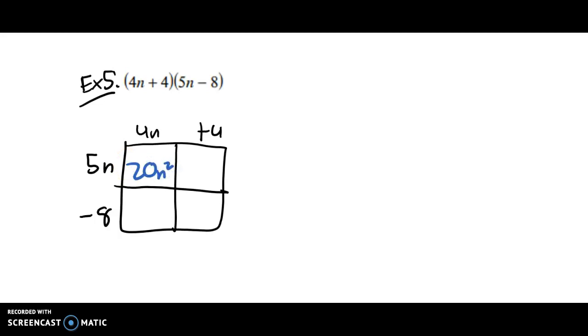Next, I've got 5n times 4, plus 20n. Bottom left, I've got 4 times negative 8n, negative 32n. Bottom right is just negative 8 times 4, negative 32.